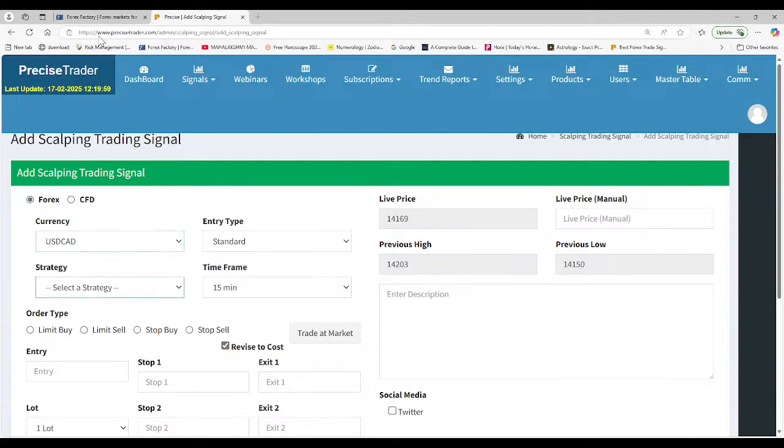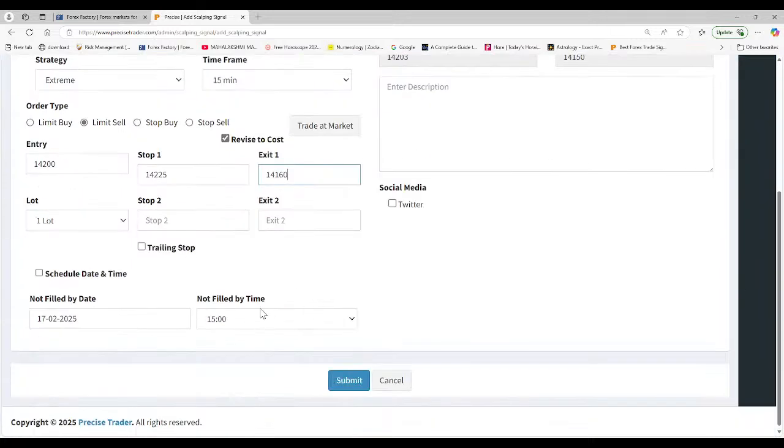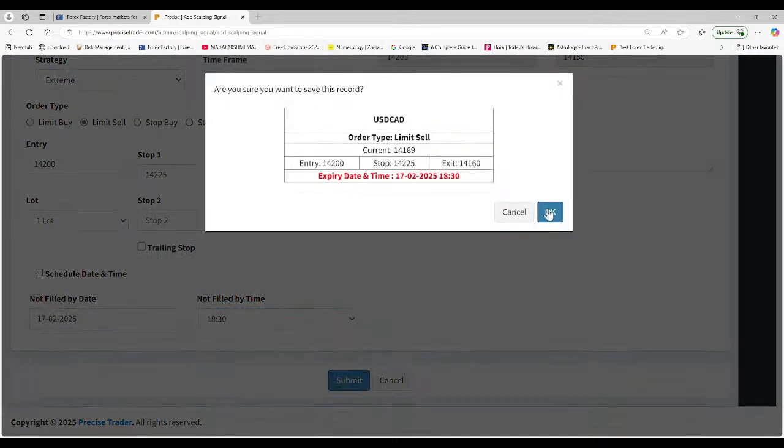Okay, so here scalping, 141.60. This is until the next time belt.